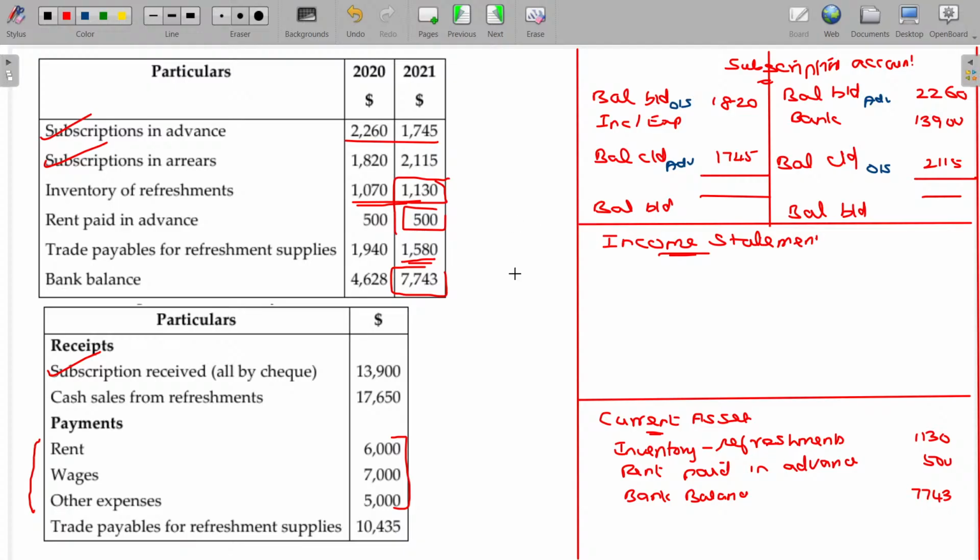We have to find out especially the income from this particular activity. Let me finish up the subscription account first. The total of the credit side being 18,275, and income and expenditure being the balancing figure, 14,710.